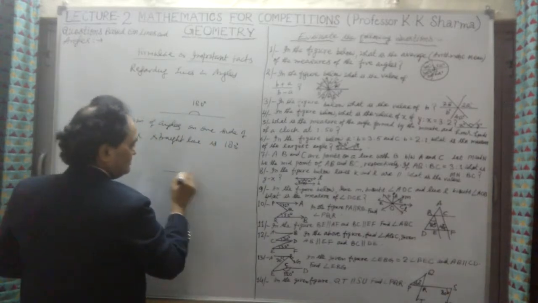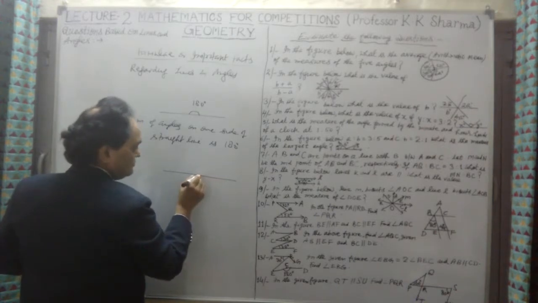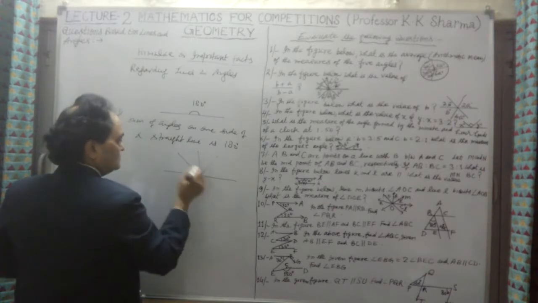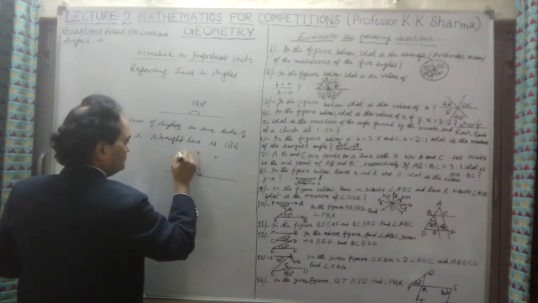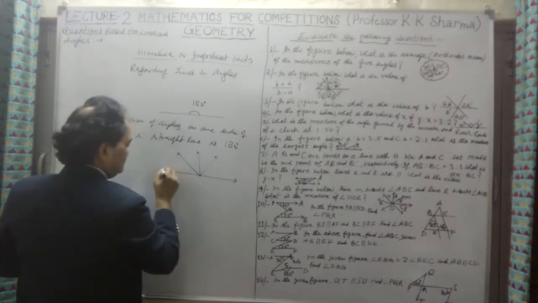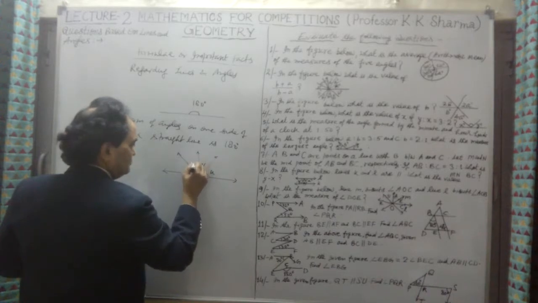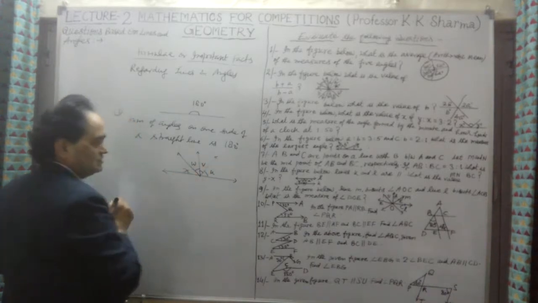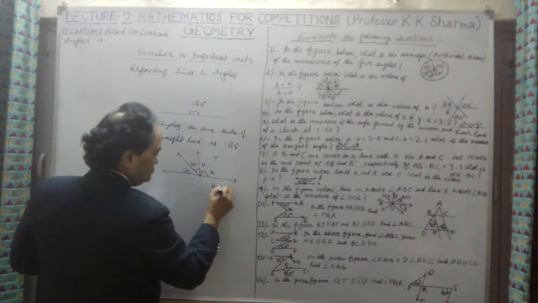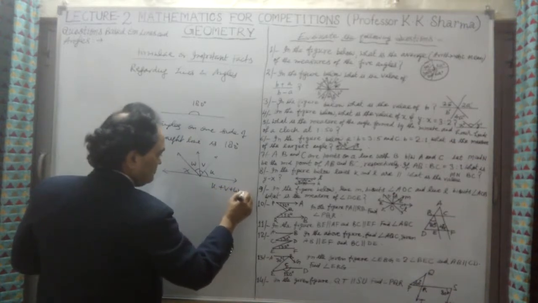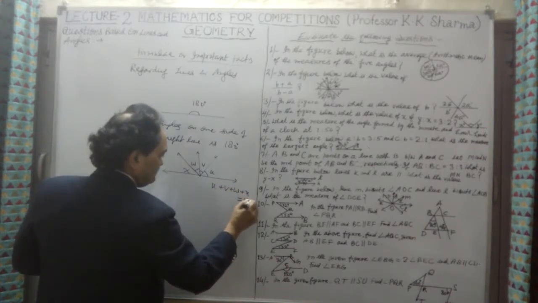Even if a number of angles are made from a central point, the sum of all these angles will be 180 degrees. Suppose these are U, V, W, and X. Then the sum of angles U plus V plus W plus X is equal to 180 degrees.